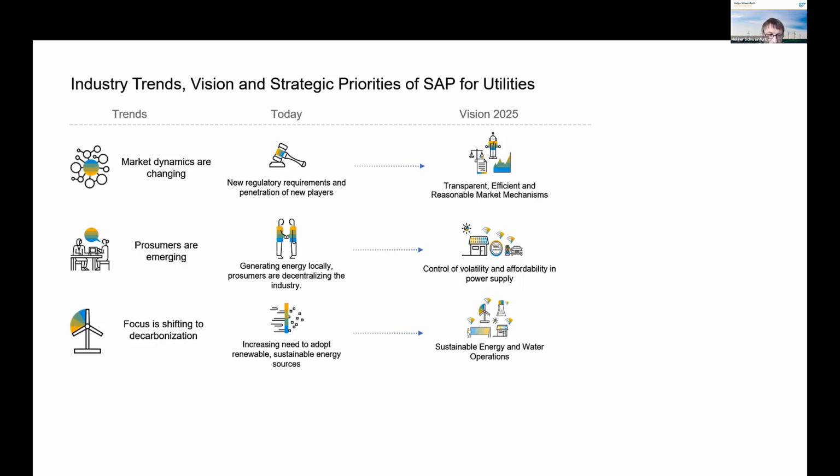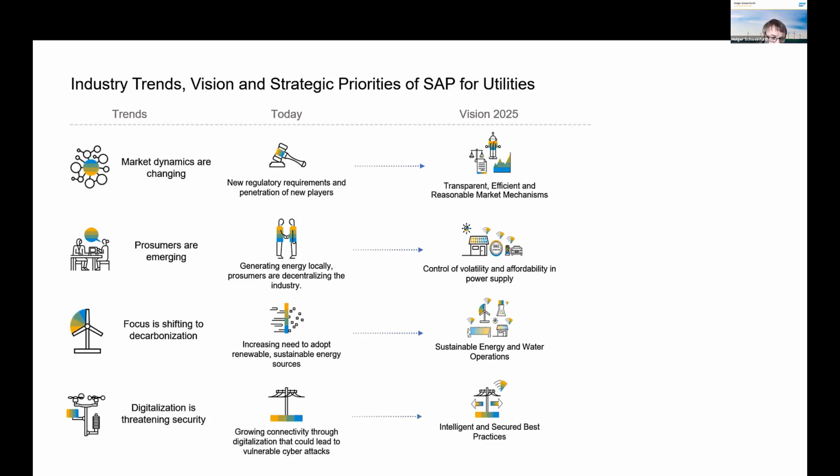We have been observing that also for many, many years now, and that is definitely something that will support also the next generation of our industry-specific applications within SAP, and also guarantee our customers sustainable energy and water operations in this context.